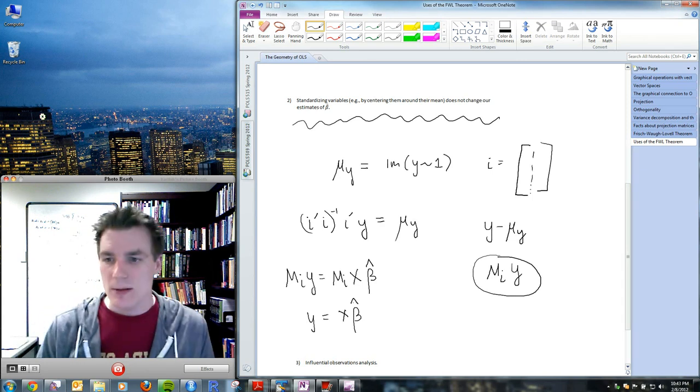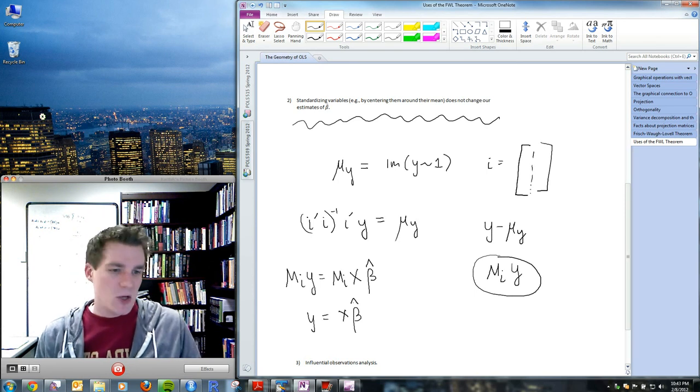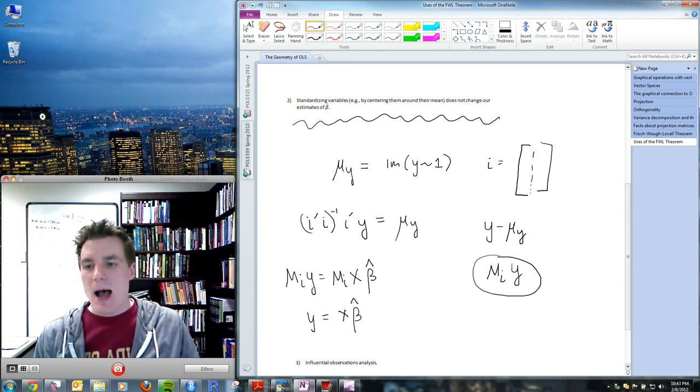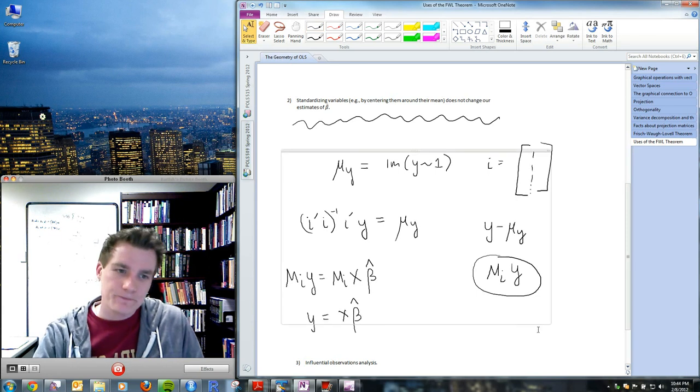So if I want to standardize variables in some way by subtracting their mean, centering them on 0, dividing by the standard deviation or whatever, I'm not going to have to worry too much about really screwing up these regressions, because the Frisch-Waugh-Lovell theorem says that those transformations are neutral with respect to beta. So that's kind of cool.